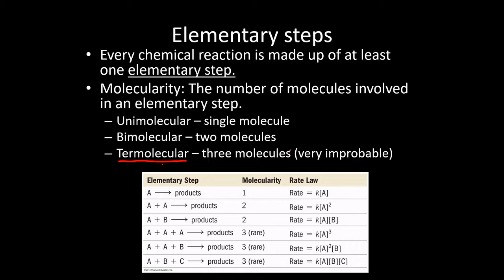But it is so incredibly rare that if you turn in a scientific paper and claim to have found a termolecular process, people will just laugh you out of the journal. They'll say, no, you didn't. Go back, do more research. It takes a whole lot of convincing to convince people that you found a termolecular process.